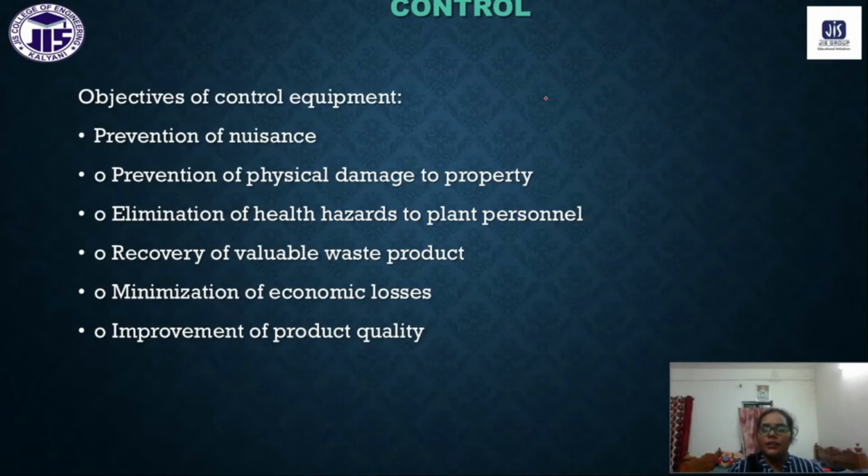And now today we will discuss the control. Okay, how we can control all these pollutions, because these pollutions are very harmful for us.